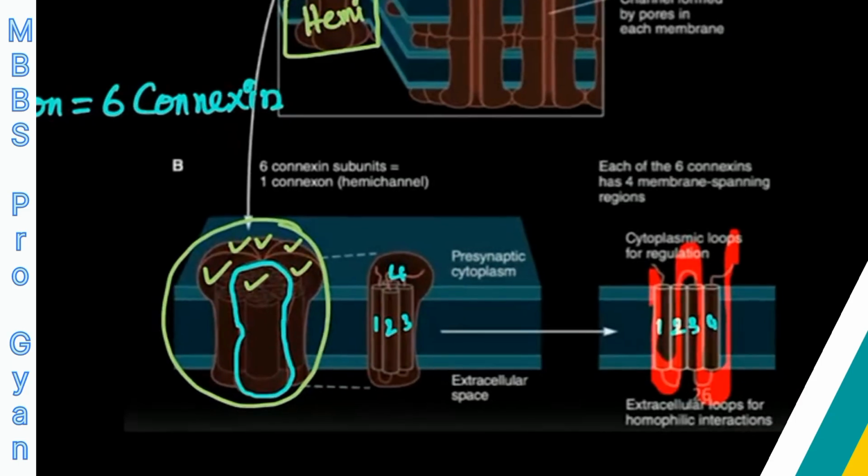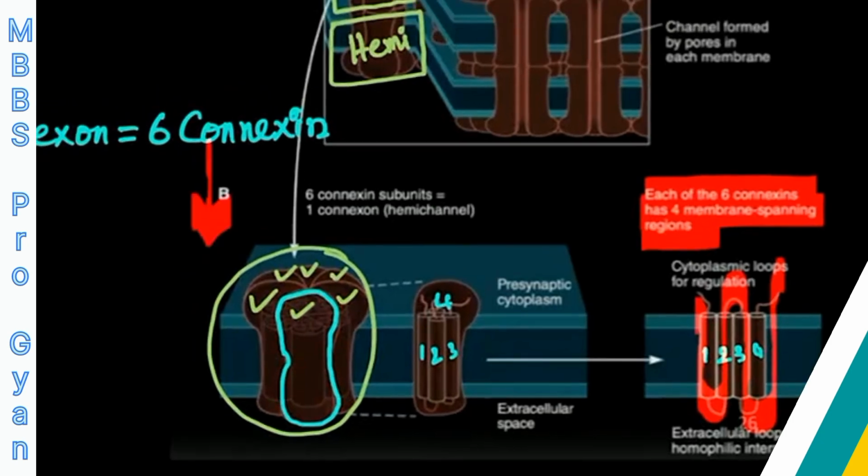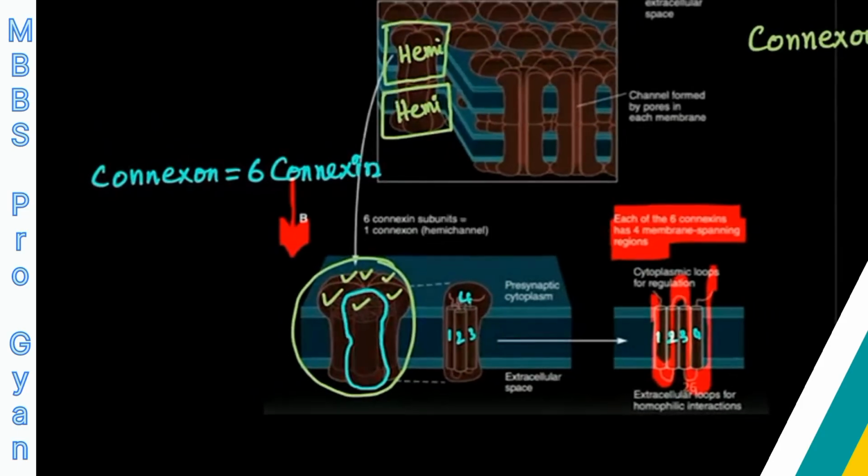So that's why it is said that this hemichannel is composed of connexin, and connexin is composed of 4 membrane spanning domains. Getting my point? So here it is written: each of the 6 connexins has 4 membrane spanning regions. This is the complete structure of gap junction that you have to remember, right?